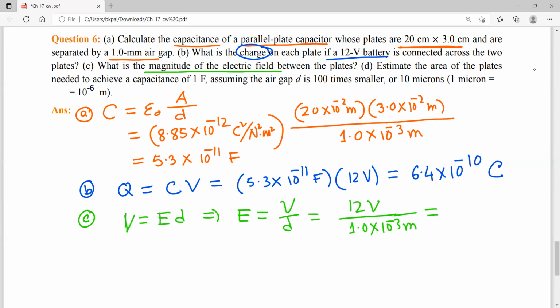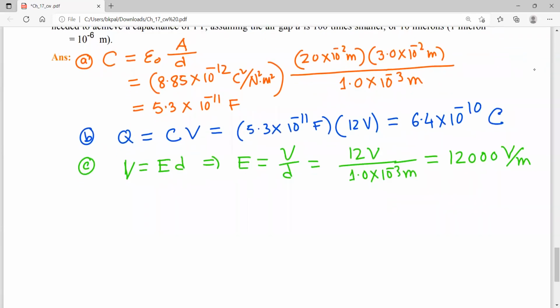So that is basically 12,000 volt per meter. The electric field there will be 12,000 volt per meter.